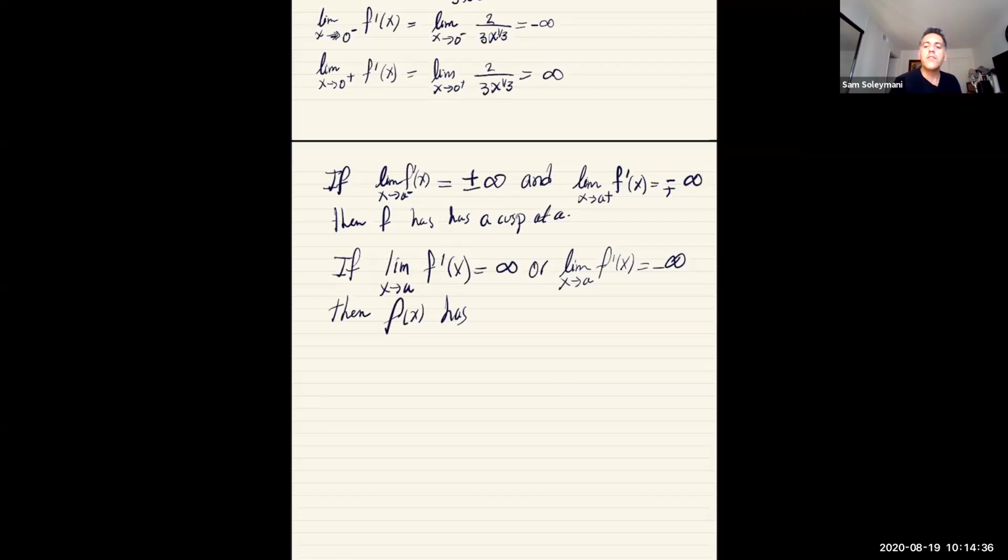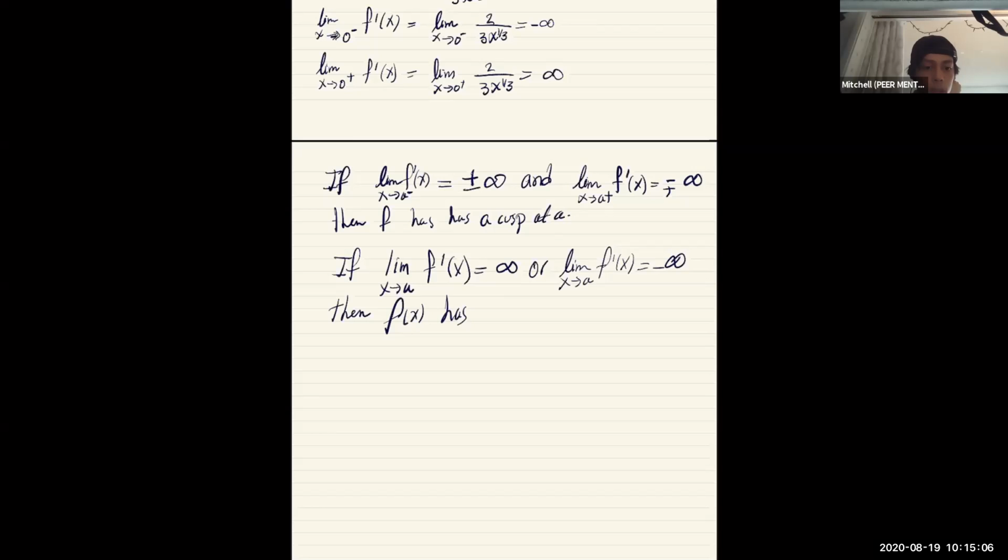So at x equal to a going to infinity means that from the left of a, say here is a, those tangent lines become vertical and their slope goes to infinity. So we have something like this. Let me make it better.